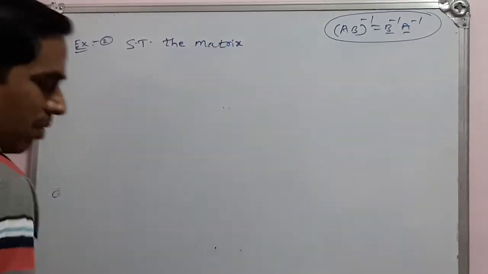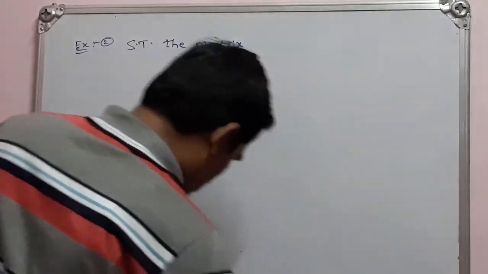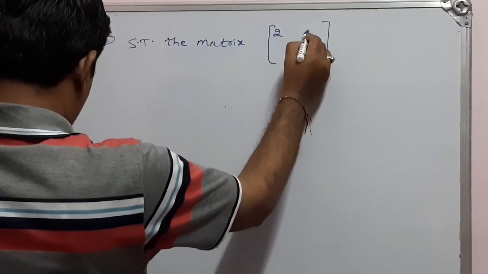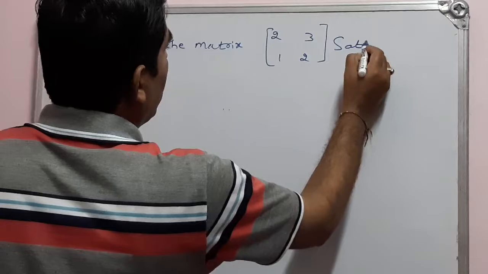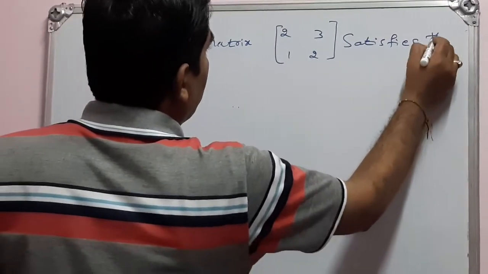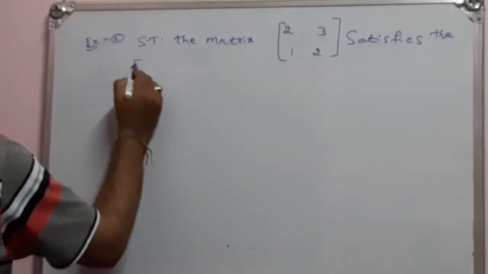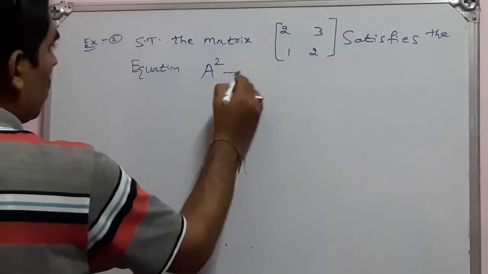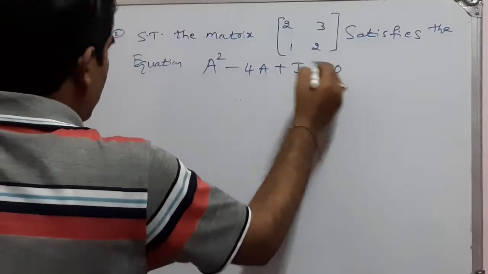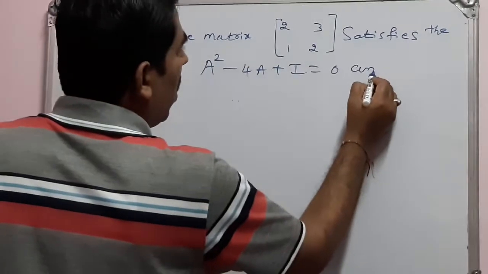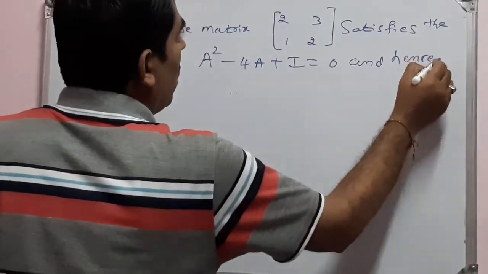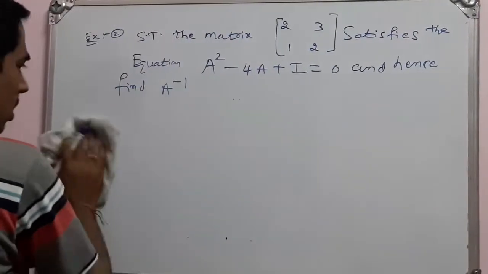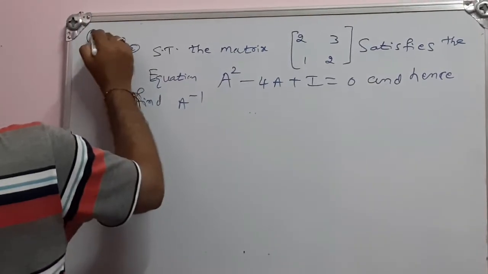Show that the matrix, see, concentrate here, 2, 3, 1, 2, satisfies the equation A square minus 4A plus I is equal to 0, and hence find A inverse. Okay, so this may be considered as a question for 3 marks.